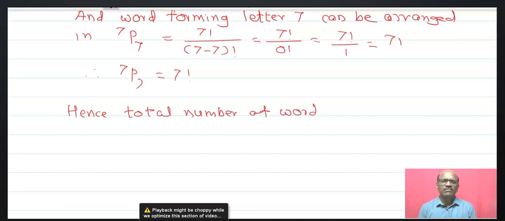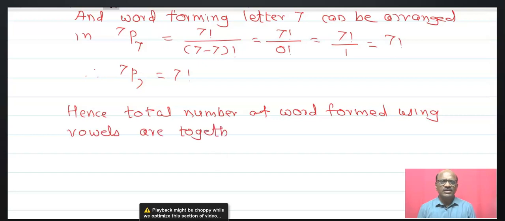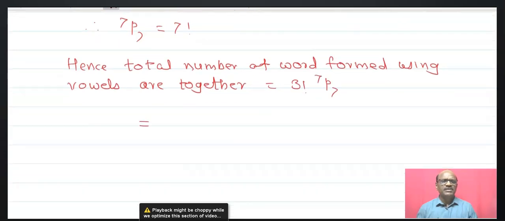Hence, the total number of words using vowels together is 3 factorial into 7P7.